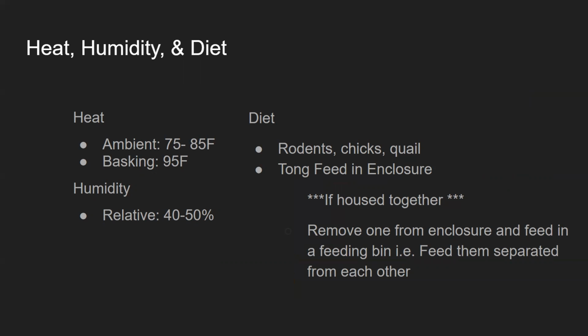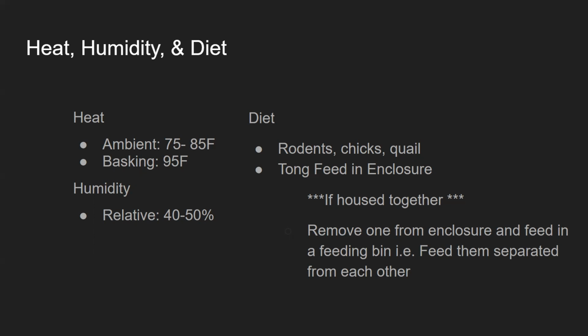All right, diets. These guys can eat a number of different things. We normally feed them rodents like mice. We can on occasion feed them chicks or small quail. We do tongue feed everything, went over that before. However, corn snakes, we do house some together. Whenever we do feed, we feed our animals in their enclosures for the most part. Certain ones we may tub feed.